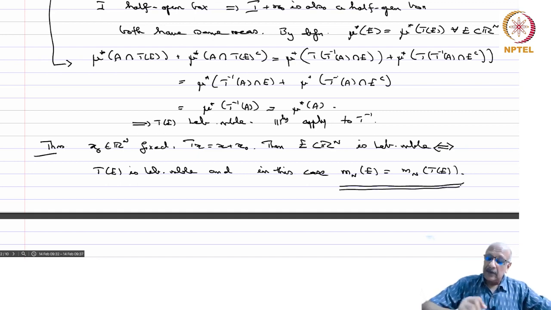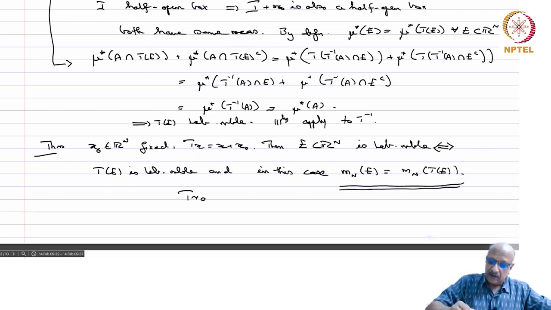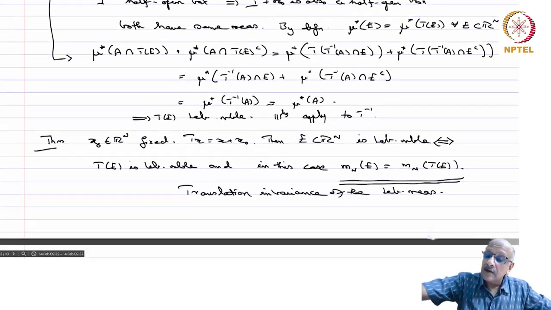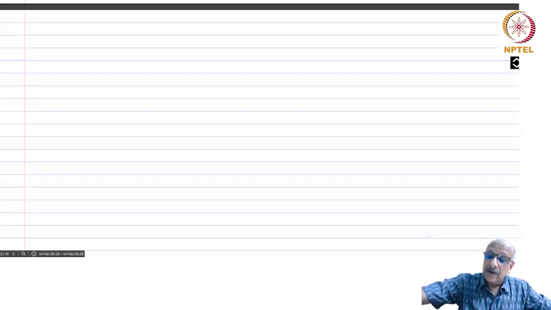So this property is called translation invariance of the Lebesgue measure. A Borel measure is said to be translation invariant if the measure does not change under the translation mapping. Okay.